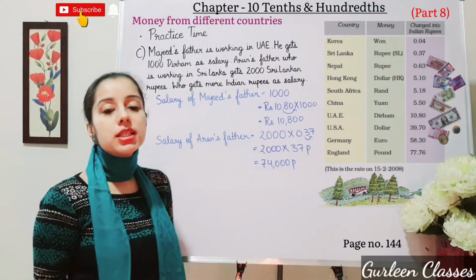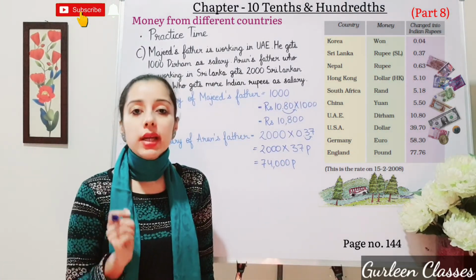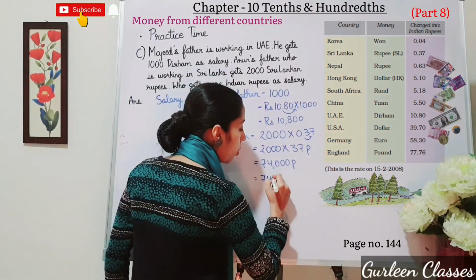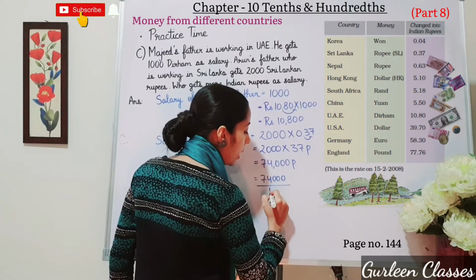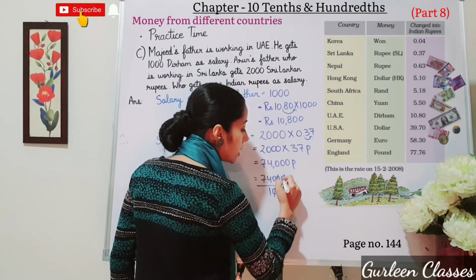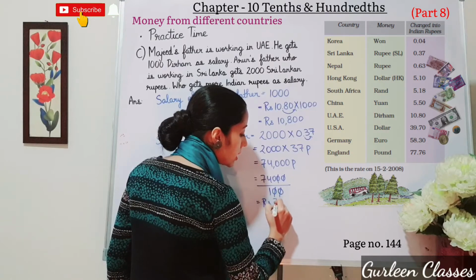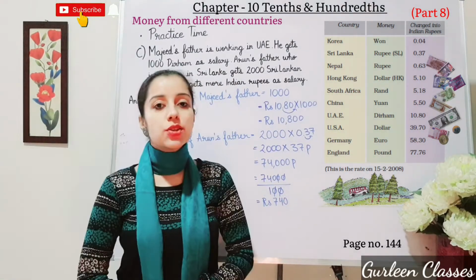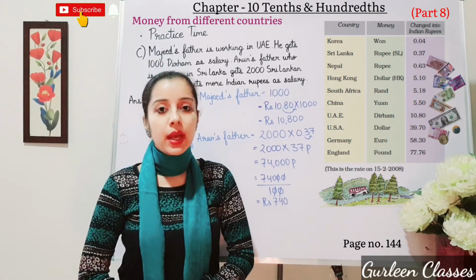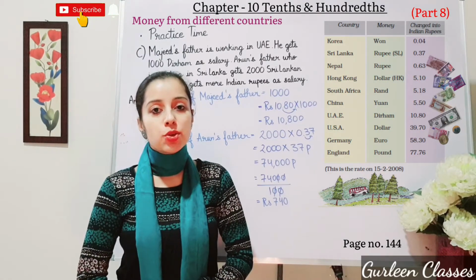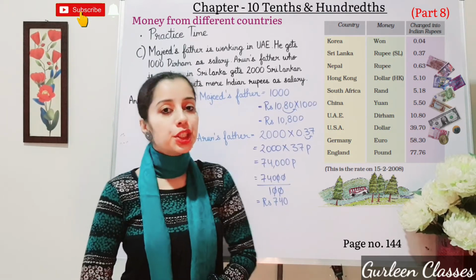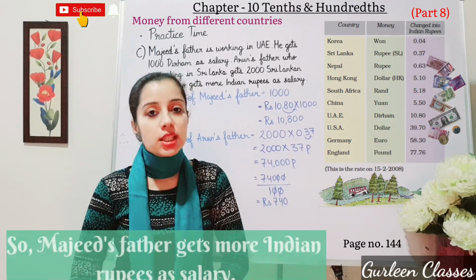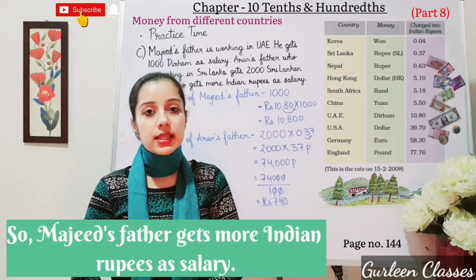Let us convert this paise into rupees. We will divide 74,000 by 100. 0, 0 cancel. It is coming rupees 740. So the salary of Majid's father is rupees 10,800 and the salary of Arun's father is rupees 740. The question is, who gets more Indian rupees as salary? So Majid's father gets more Indian rupees as salary.